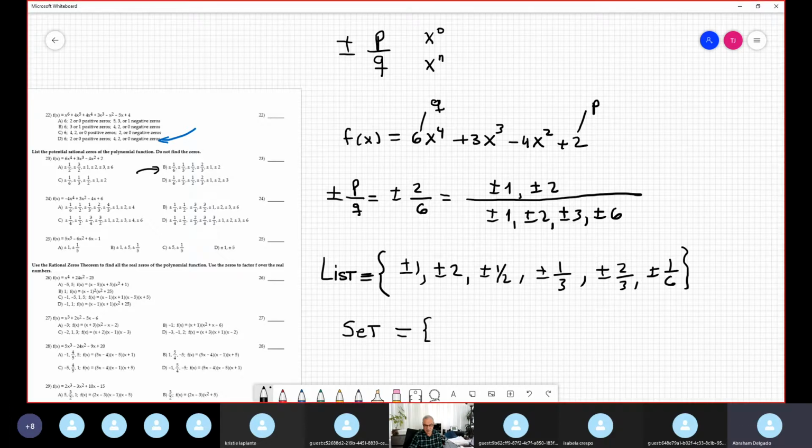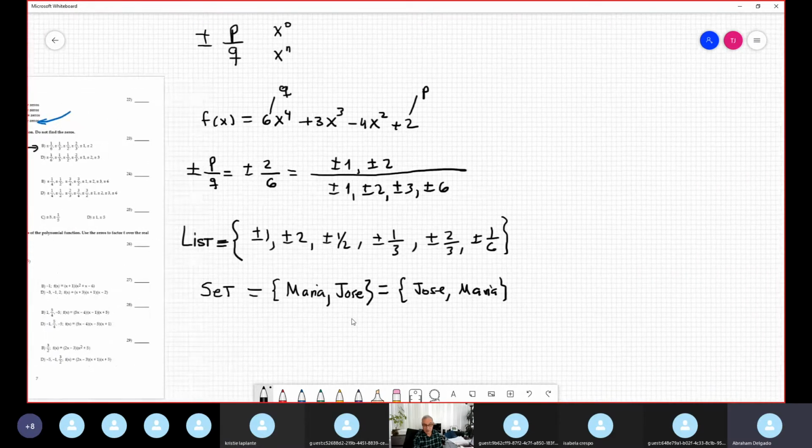For example, the set Maria, Jose is exactly the same set as Jose, Maria. The thing I am trying to explain is that the order doesn't matter when you're talking about a set. It's the same thing. So it's not necessary to repeat Maria, because it's the same person.